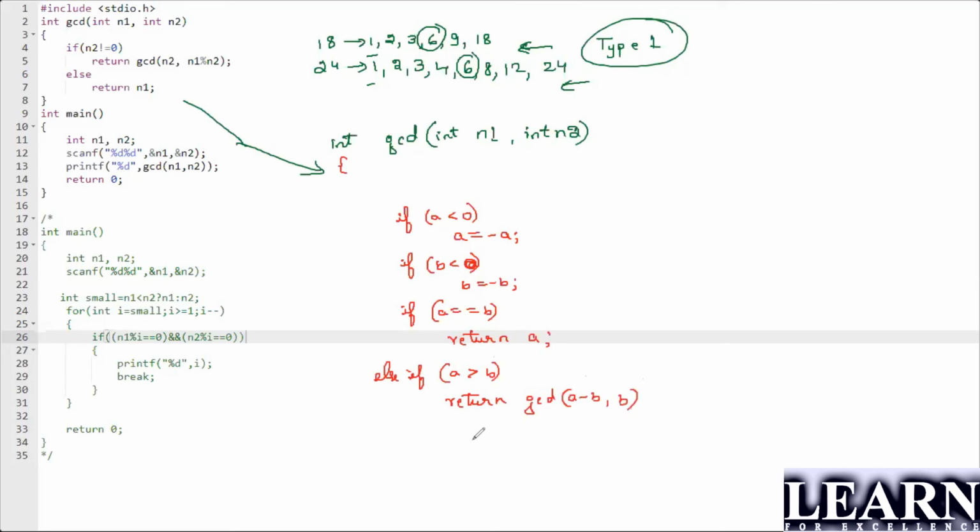Else b will be greater, so you have to return the opposite one, that is nothing but return GCD of a comma b minus a. This will be the GCD function here for subtraction. A recursion using subtraction.